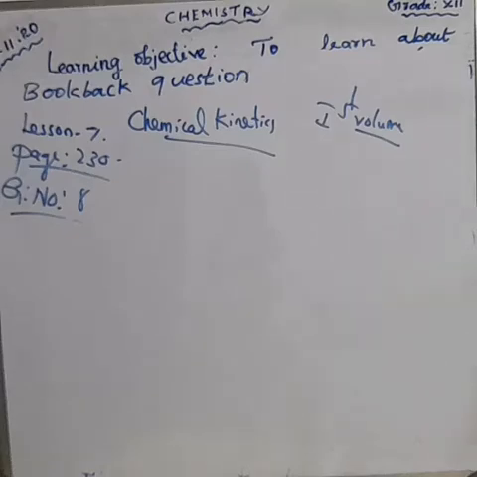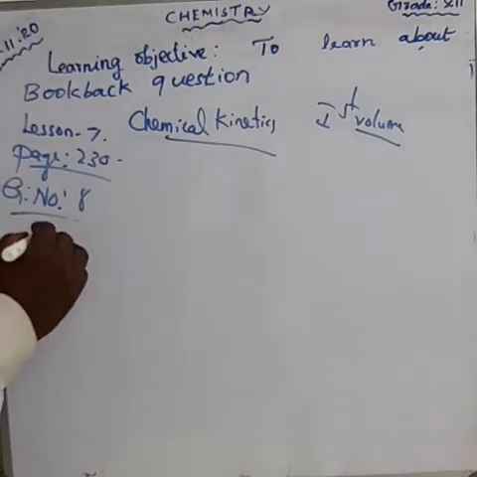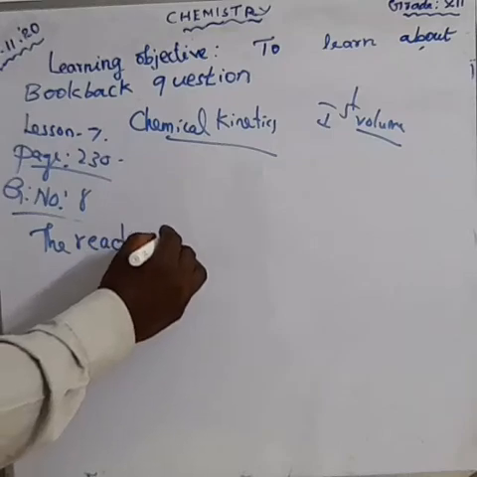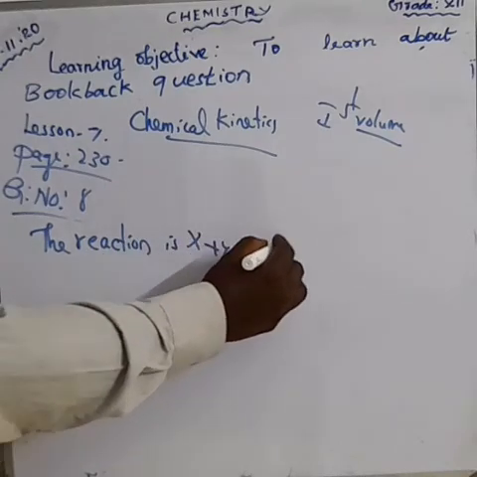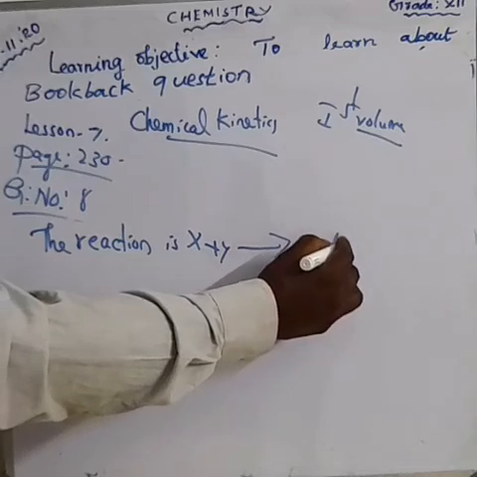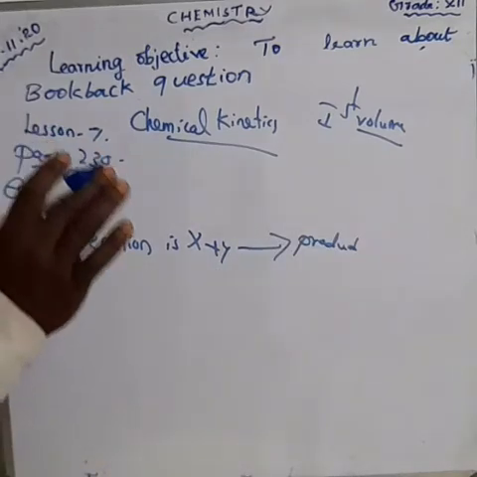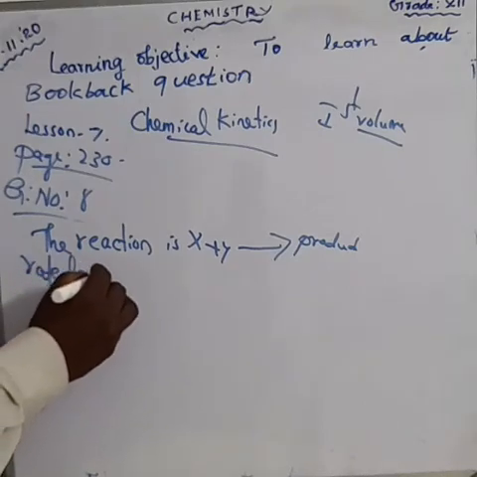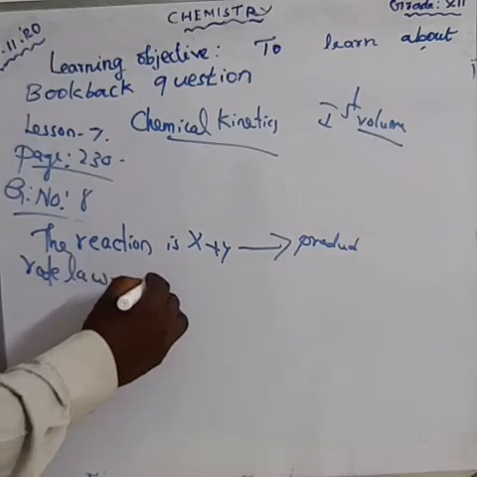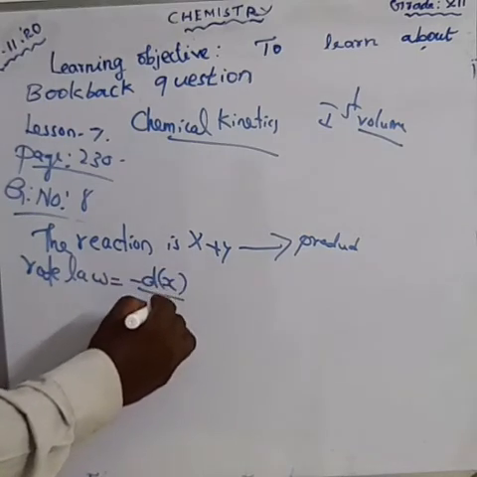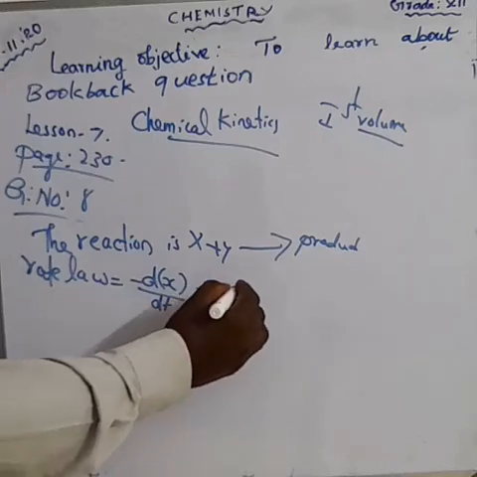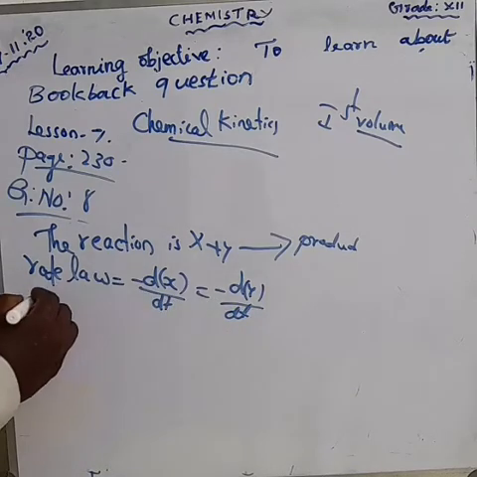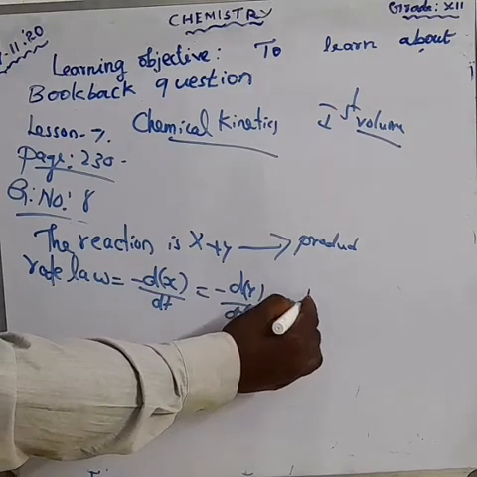First of all, you should write the reaction. The reaction is X plus Y gives product. You should write the rate law. Rate law is equal to minus dx by dt is equal to minus dy by dt, that is equal to rate.